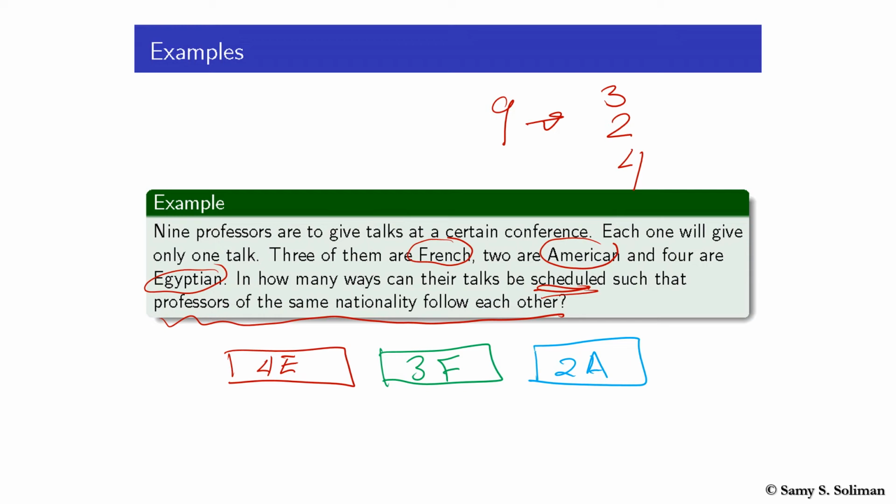In how many ways can these be arranged, under the condition that professors of the same nationality follow each other? That's why I grouped them this way. So we have 2 aspects that we have to consider. The first of them: how will we arrange the 3 nationalities? Will we start with the Egyptians, followed by the French, followed by the Americans, or will we have another arrangement?